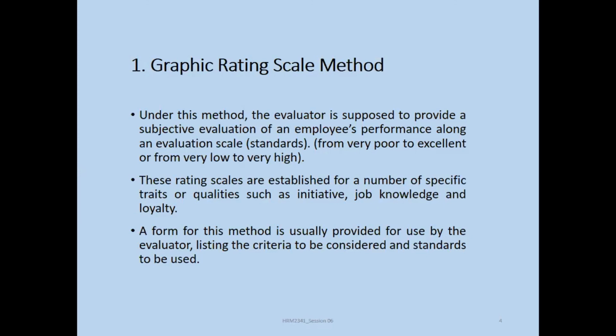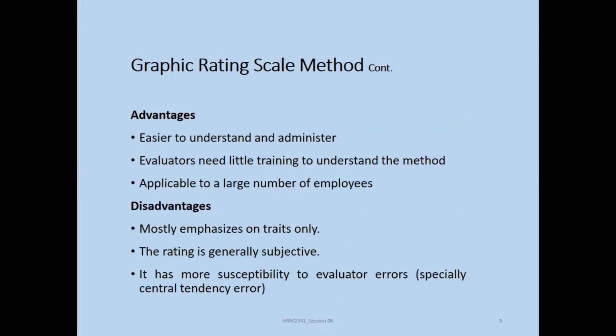What we expect from the evaluator is to consider the performance evaluation criteria and the evaluatee's performance on that criteria. The evaluator should fill the performance evaluation form basically on the rating scales.